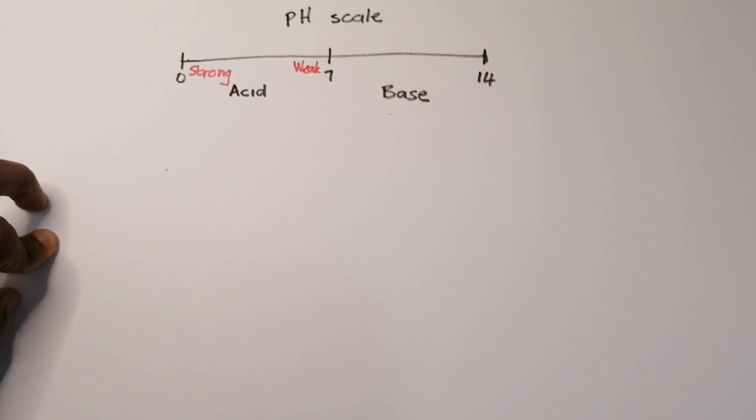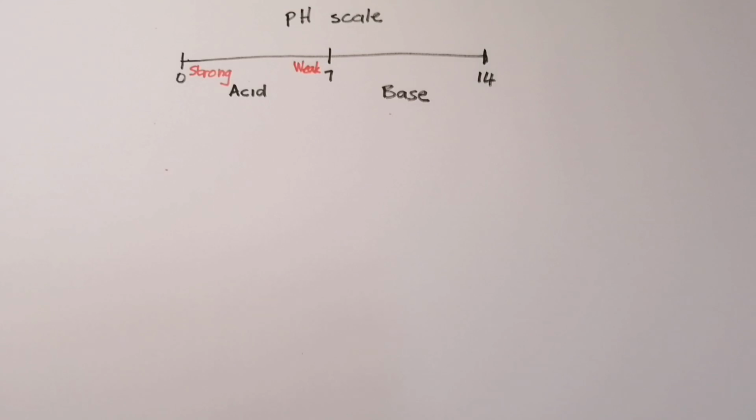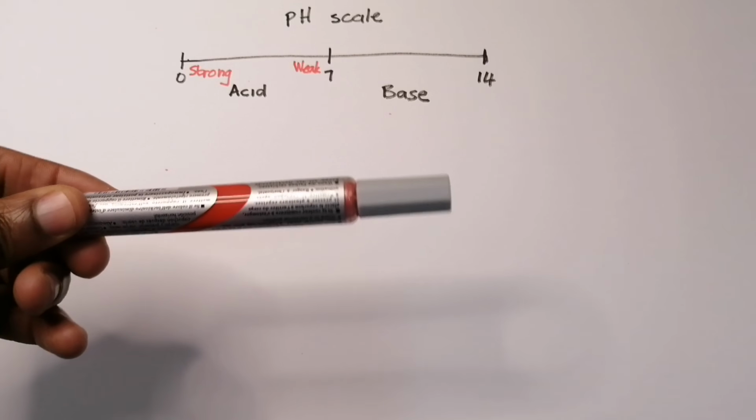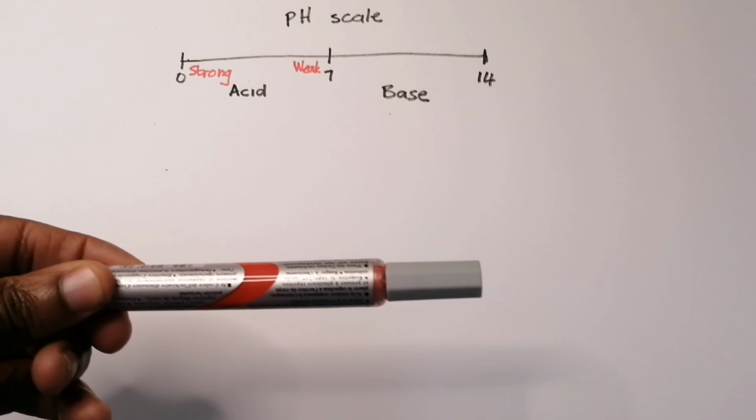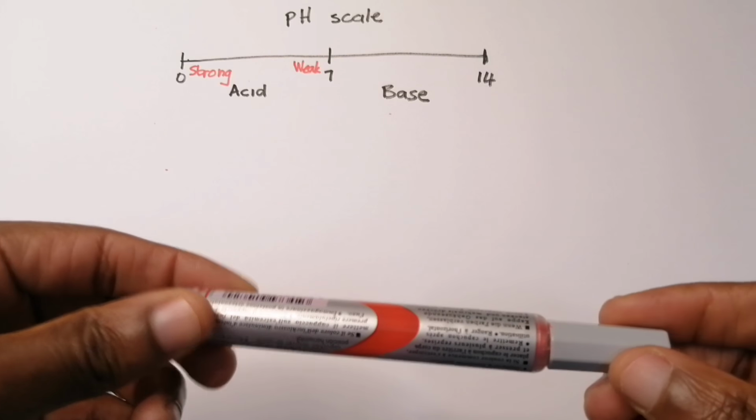Now let's talk. What exactly is a strong acid? A strong acid is one that ionizes completely in solution. I'm sure someone is asking themselves, what exactly does that mean? I want you to imagine this. I always use this example. This pen that I'm holding, you can break it down into 2 parts.